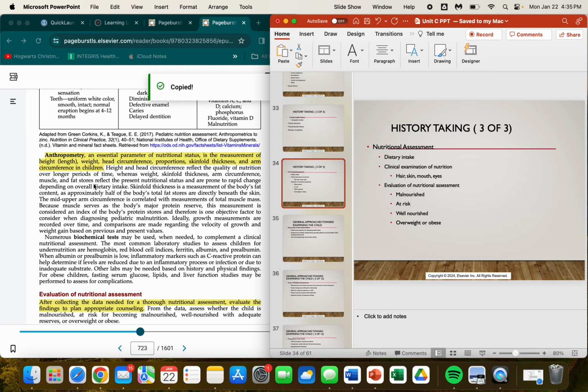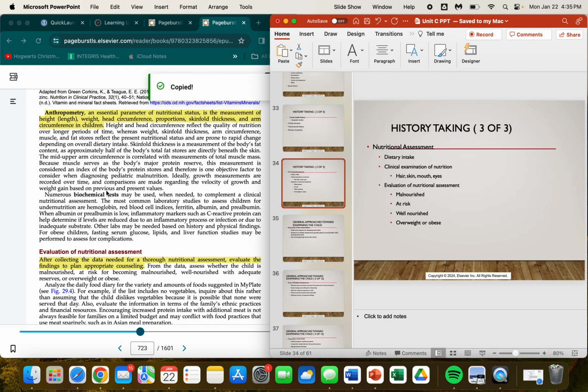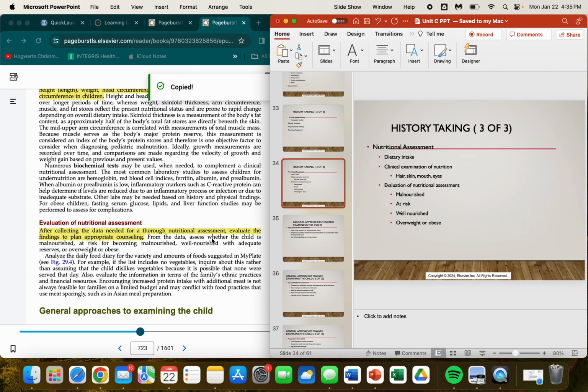And then another portion of nutritional assessment is those anthropometric readings, right? Height, weight, head circumference, skin thickness, arm circumference. Those are all measurements we can use to take a nutritional history.